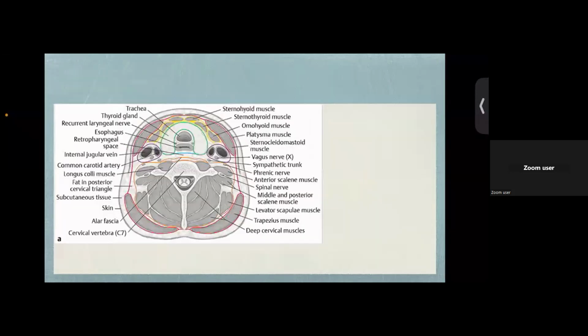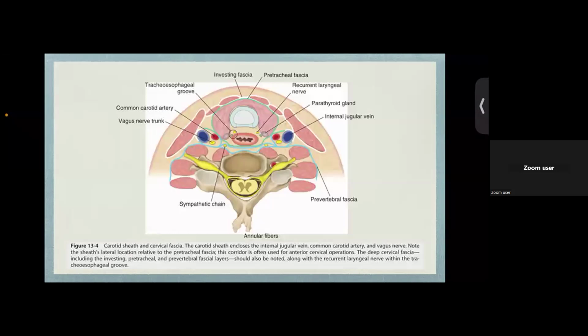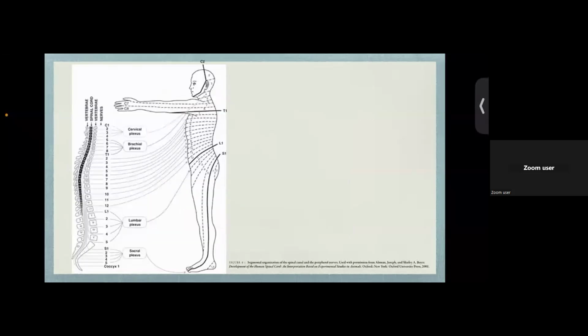The carotid triangle is also something that I believe is very important to take note of, especially when we have to do anterior corpectomies and discectomies, those surgeries. So within that, you'll have the carotid sheath, and that contains the internal jugular vein, the common carotid artery, and the vagus nerve, seen here in this diagram.